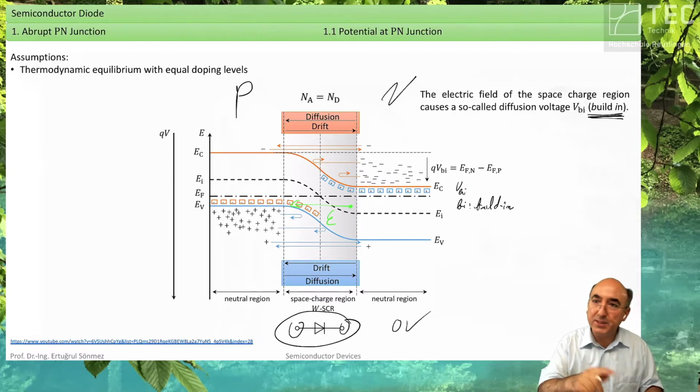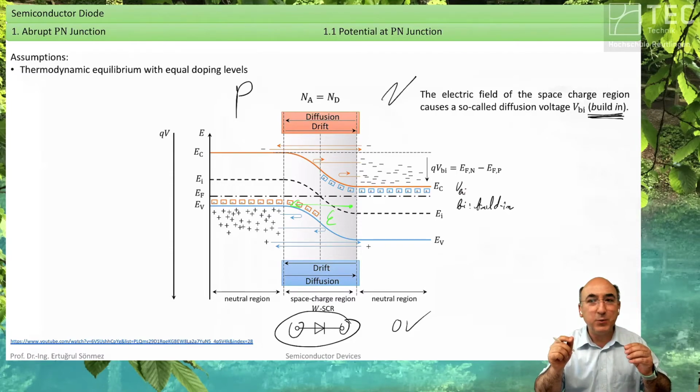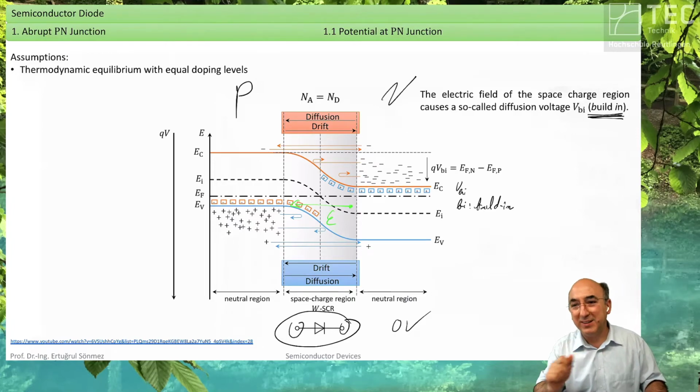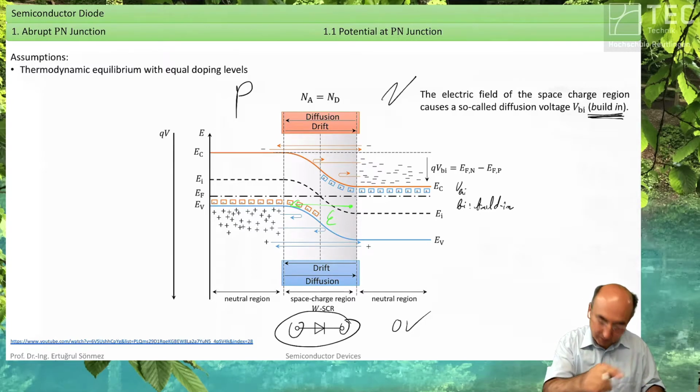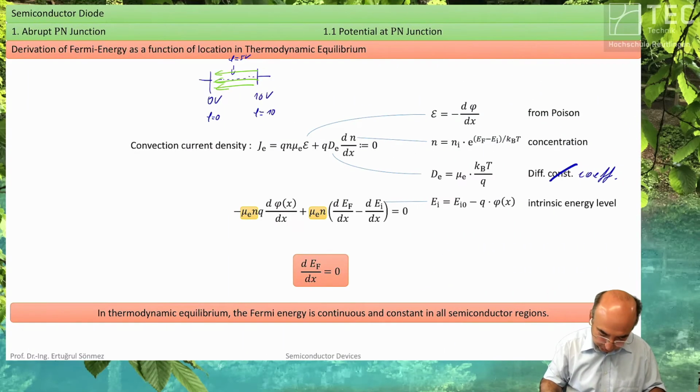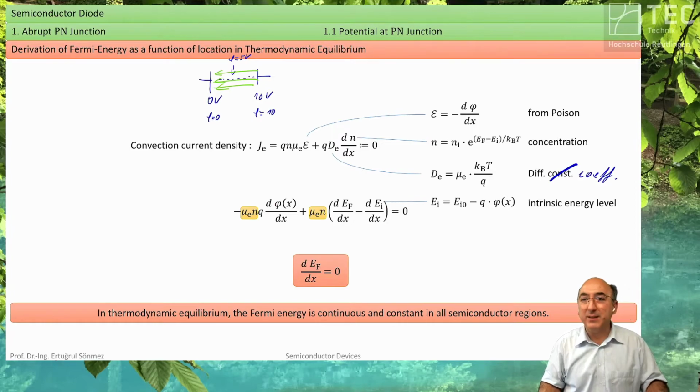Okay. Why am I saying that? In some literature, you see very weird band bending sketches. So take the spreadsheet and do the calculations yourself. So you see the real bending in a semiconductor. And why have I done that?